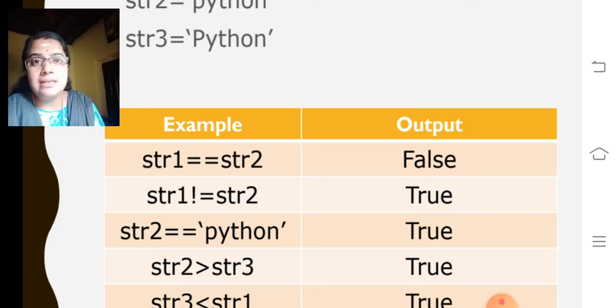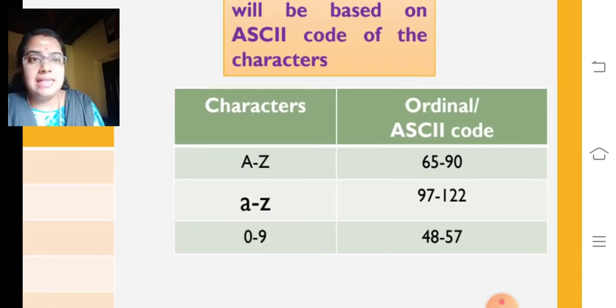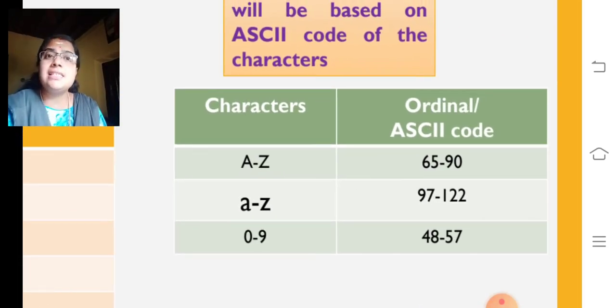The interpreter will use the ASCII code. So you need to study the ASCII codes of A to Z, that is 65 to 90, for capital letters, and small letters having greater numbers, that is 97 to 122.